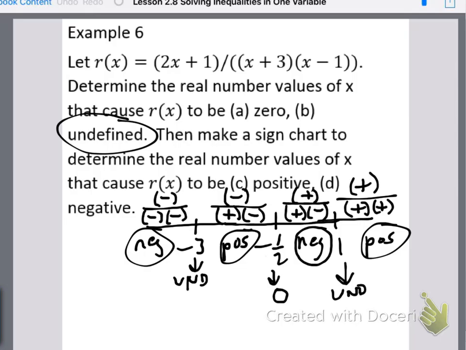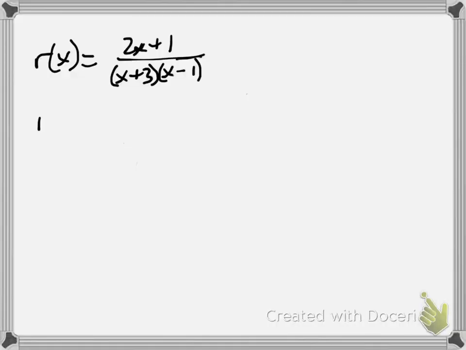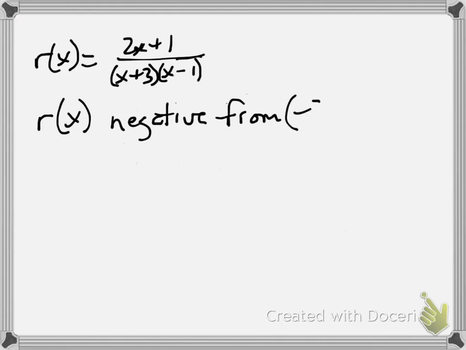So, from -infinity to -3, the function is negative. So r of x is negative from -3, oh, excuse me. Boy, I keep doing that.